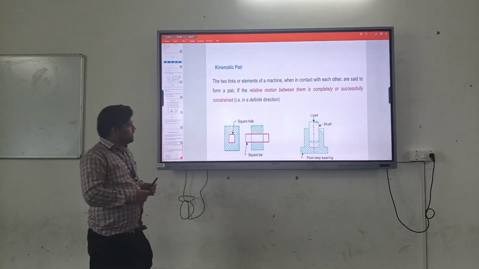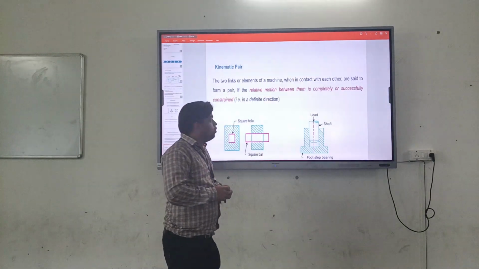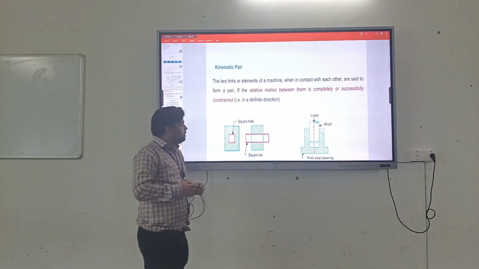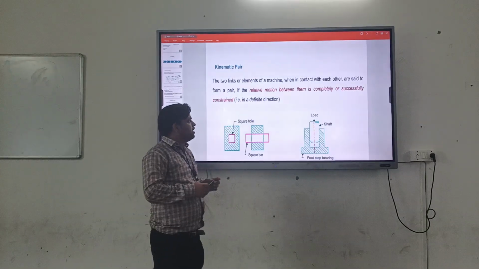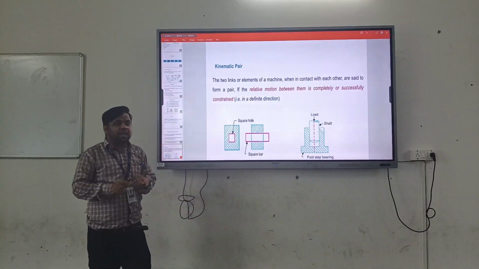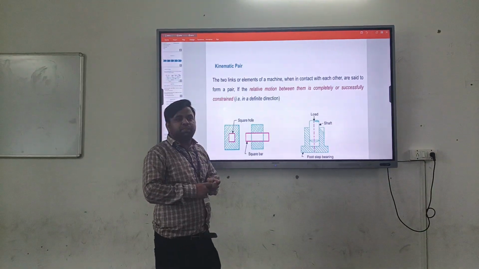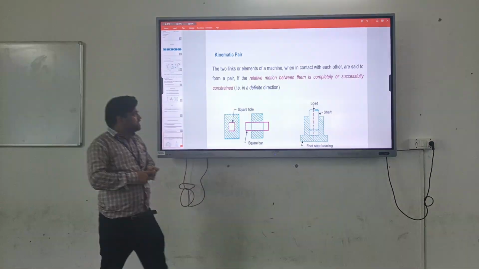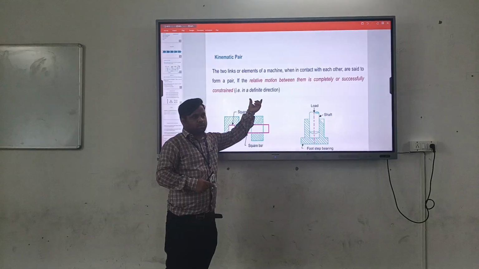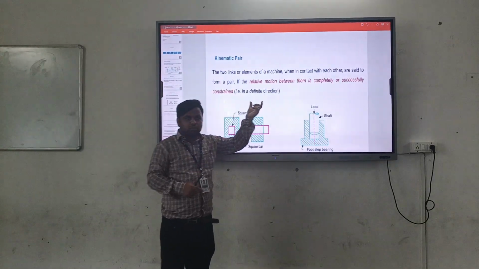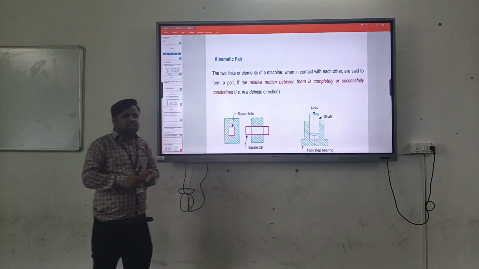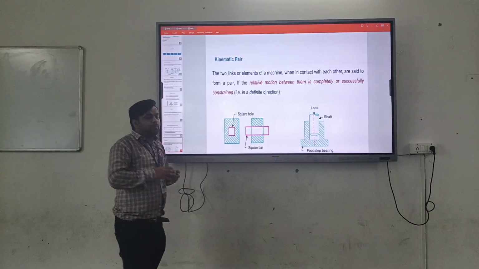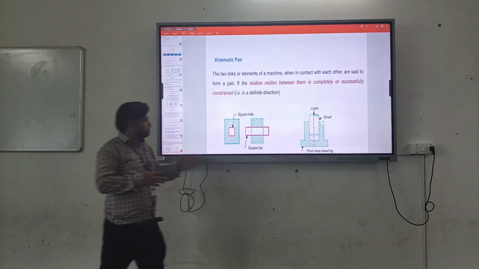Now we come to the kinematic pair. When two links or elements or components of a machine join with each other in contact so that they form a pair having relative motion between them which is completely or successfully constrained, meaning having a definite direction. Two elements or links join with each other so that they have a definite direction of motion; it is called completely or successfully constrained motion.